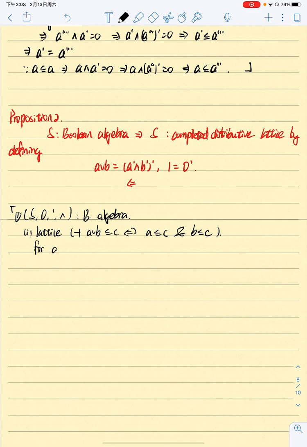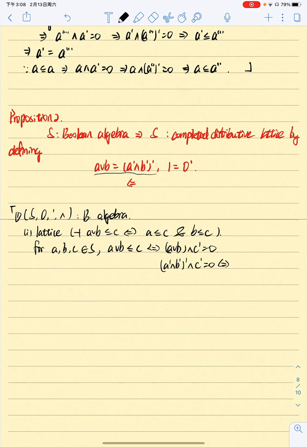For every element A, B, C in S, we suppose A or B is smaller than C. Then, by the definition, we have (A or B) and C prime is 0. And by these equations, we have A prime and B prime and C prime is 0.